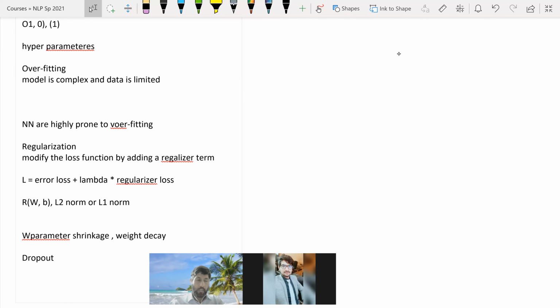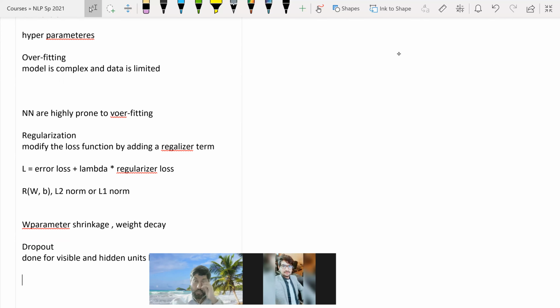Dropout is done for visible and hidden units, but not for output, again for obvious reasons. So you can do it for the input, you can do it for hidden units, but not for output. Okay? So let's say we have a probability P by which we will drop a particular node.